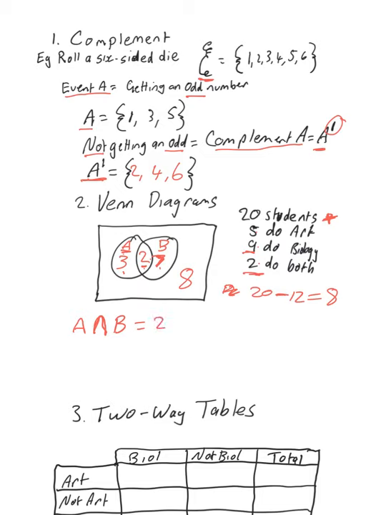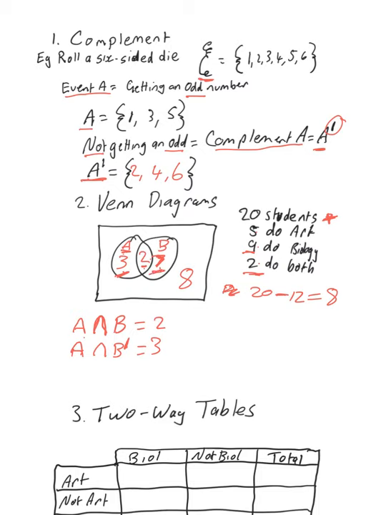I'll put the numbers there so you can tell which one's which, but that's how we would symbolise art and biology. Now the event art with not doing biology: which students are doing art and not doing biology? That's these ones here, so that's 3.